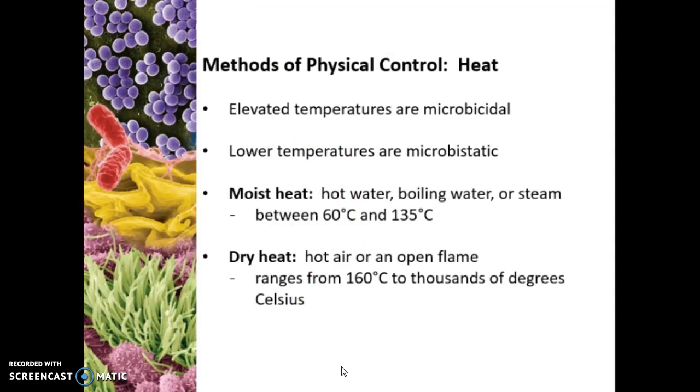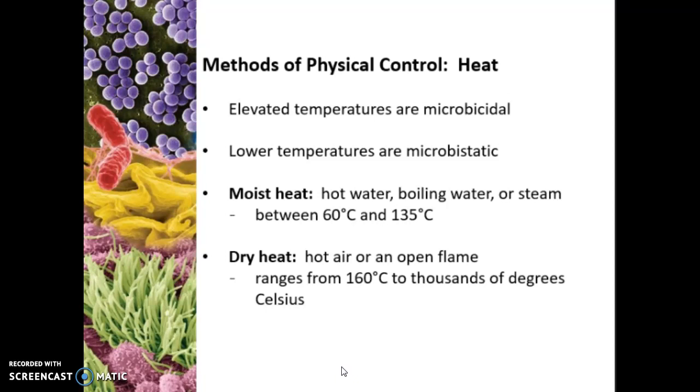Then, heat. Right? We all know that heat can kill. If you, unfortunately, were to leave a small child in a hot car, what happens? The child's body temperature increases, the enzymes will start to degrade, not work anymore, and that child could potentially die.